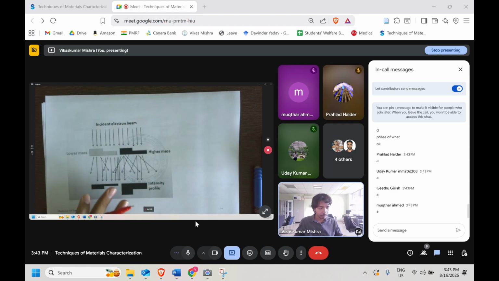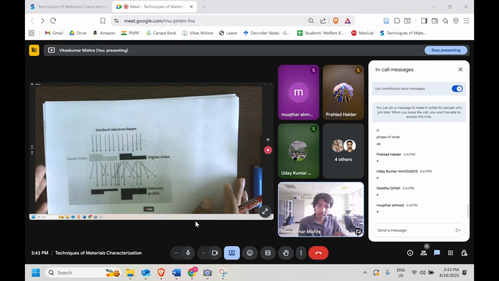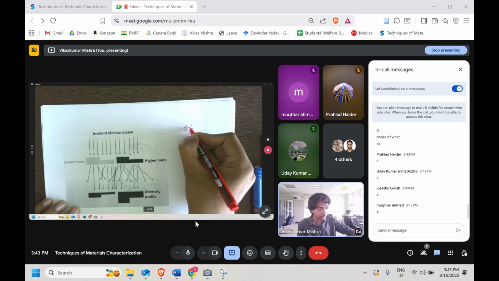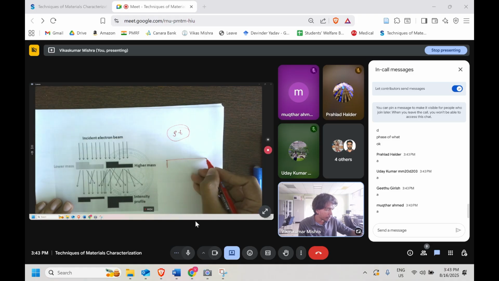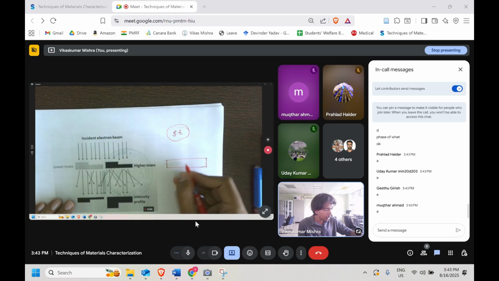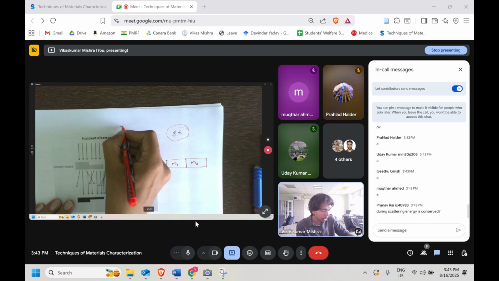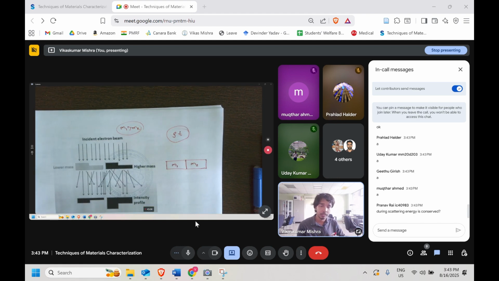Now we have to talk about the mass thickness contrast a little bit. So now consider regions in your specimen. Let us say this one has mass m1 and this one has mass m2, with m1 more than m2. Now, there is a question: during scattering, is energy conserved?